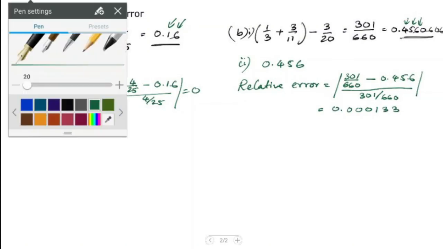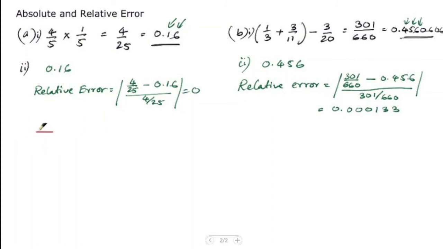Now let's go ahead and solve the third part. So in the third part we have to do the 3-digit rounding. So this was chopping up here, and then we have to do the rounding now for 3 digits. So this answer will remain the same because we only have 2 digits.